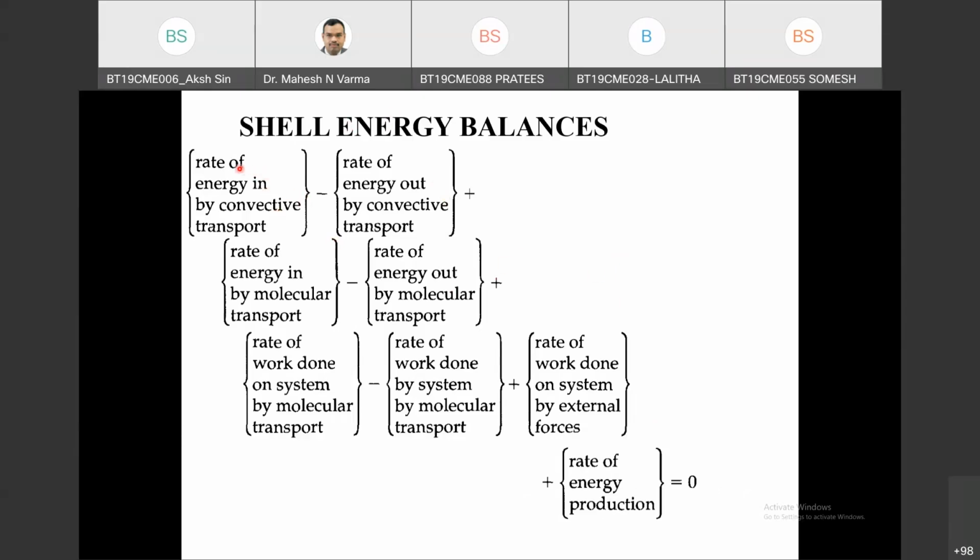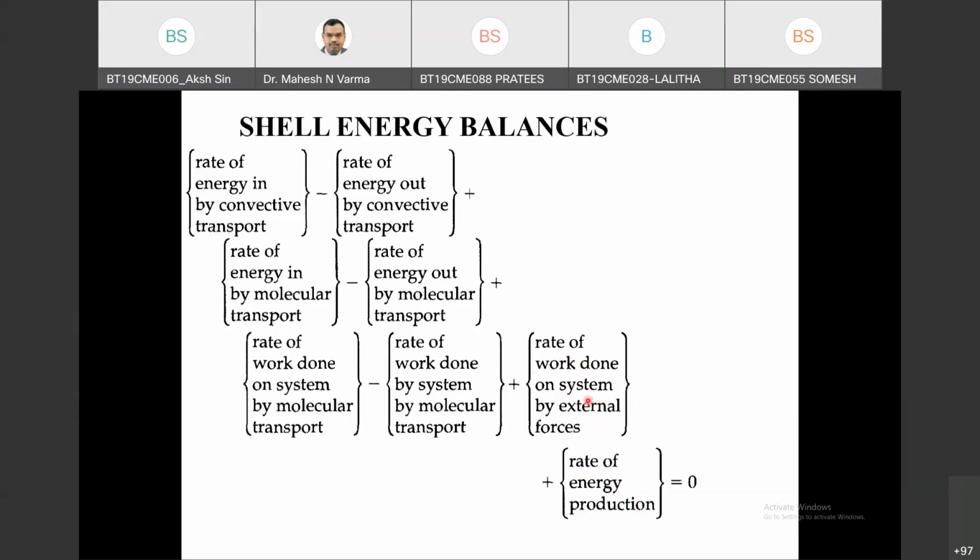So you can see this is energy added, this is energy removed, this is energy added and removed by external forces. And this is the generation and consumption. Rate of energy production means it can be generation also, it can be consumption also. This is also rate of work done on the system by external forces.